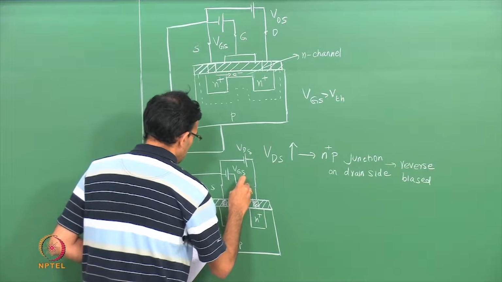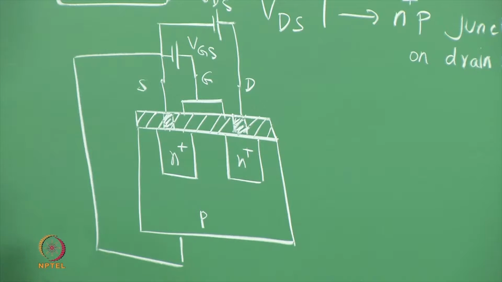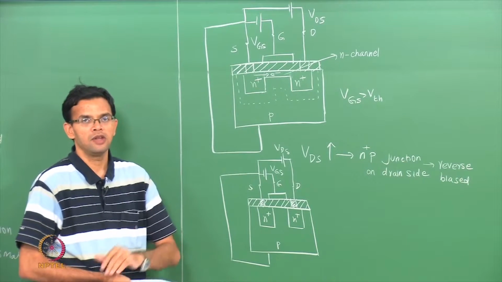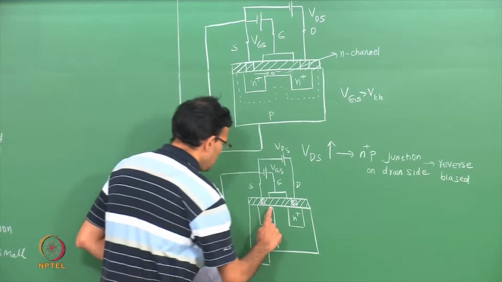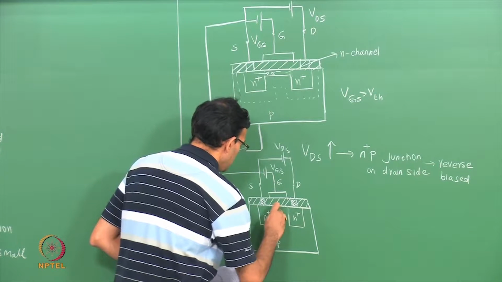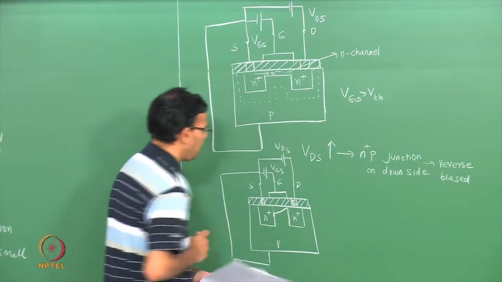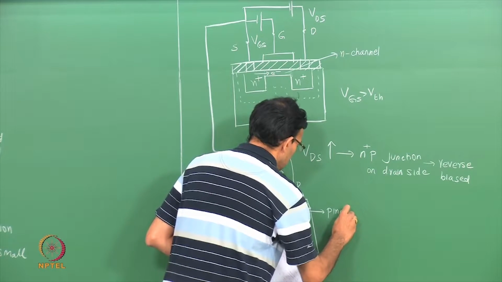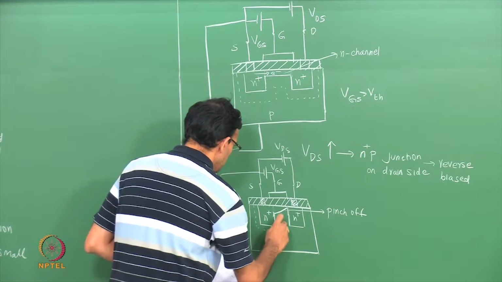Source, gate and drain. So I have my gate source voltage above the threshold, so that I have an n channel, but when I start increasing VDS, the channel starts to narrow towards the drain region, so that ultimately you have pinch off. To show this, you can show the n channel that is narrowing as we approach the drain region. Still have a depletion region that is surrounding it.